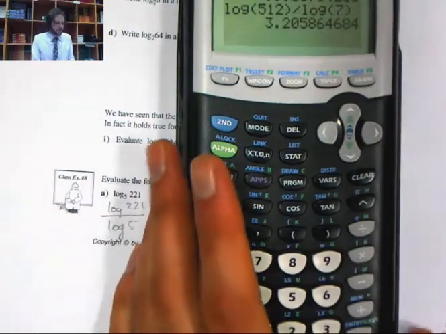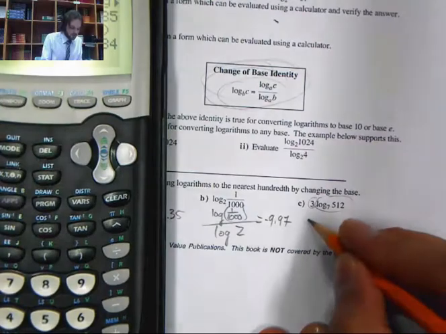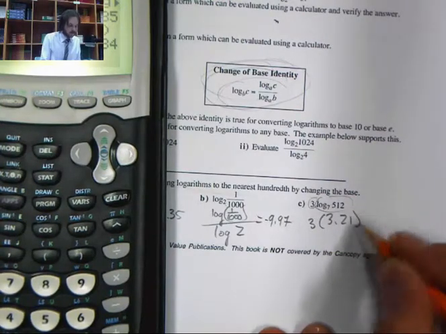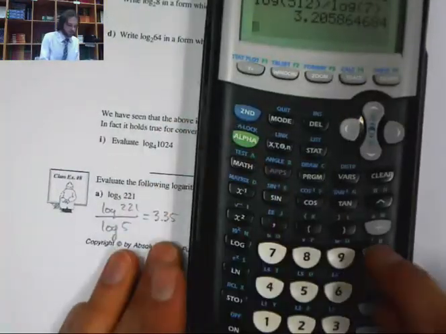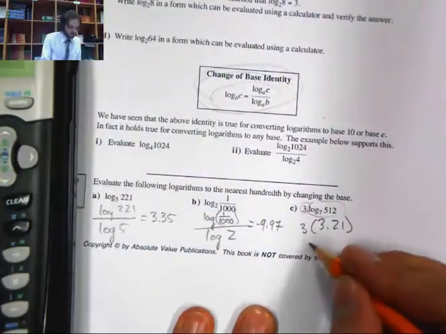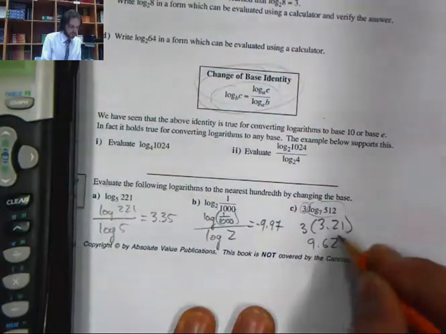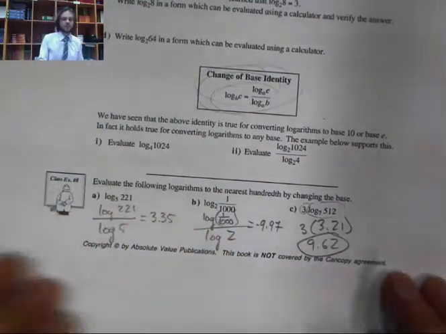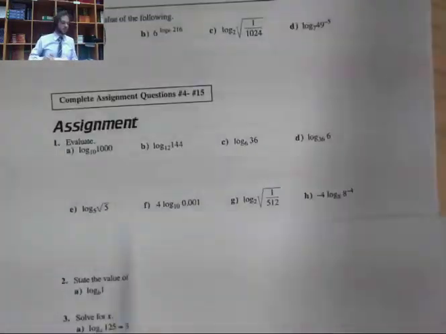So we get that. So we have 3 now multiplied by 3.21. Then we have to multiply that by 3, and I end up getting 9.62 as my answer. And that's it. So that's how we do the change of base for those.